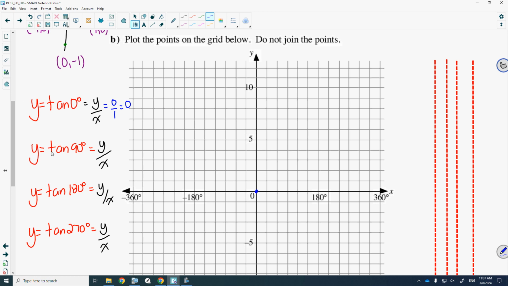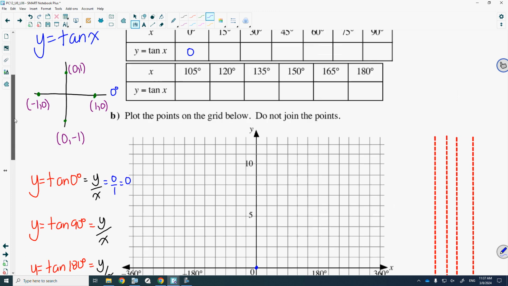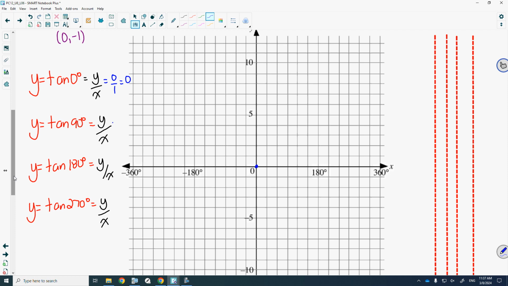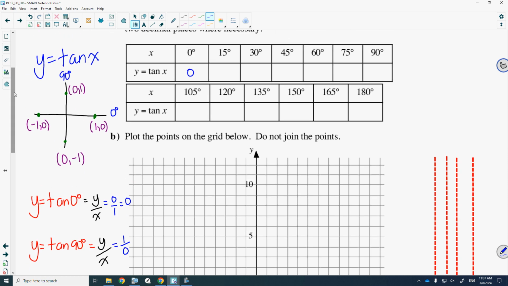Now let's find out what happens at y is equal to the tan of 90 degrees. So let's go up to 90 degrees. Tan of 90 degrees is y divided by x, so it's 1 divided by 0. And remember, we cannot divide by 0, so at 90 degrees, tan is going to be undefined.